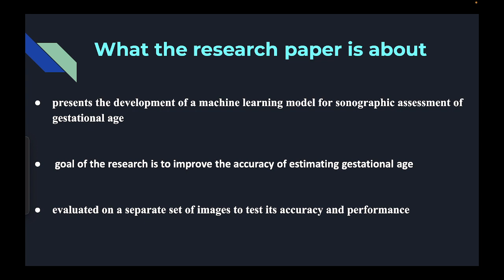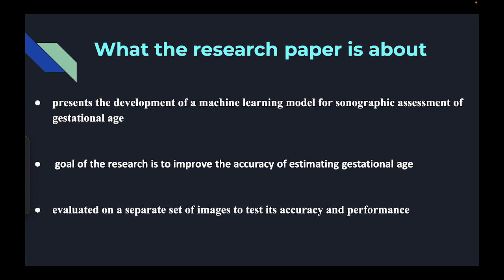The goal of the research is to improve the accuracy of estimating gestational age using ultrasound measurements, which is important for monitoring fetal growth and ensuring proper prenatal care. The researchers used a dataset of ultrasound images and corresponding gestational ages to train the machine learning model.